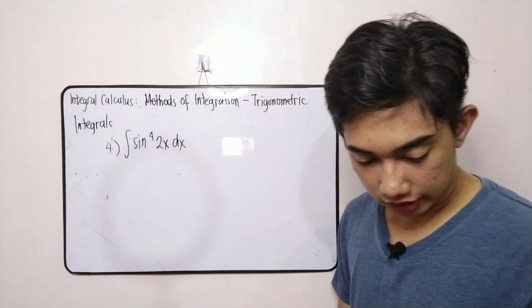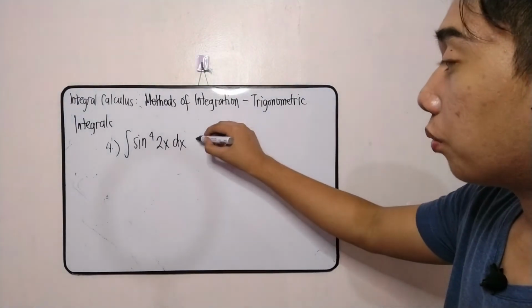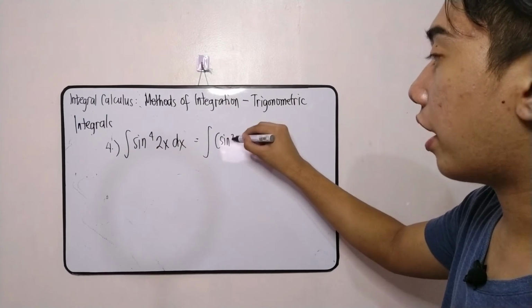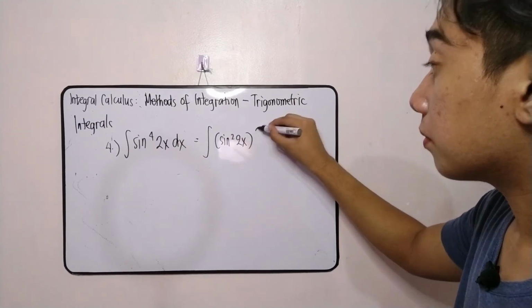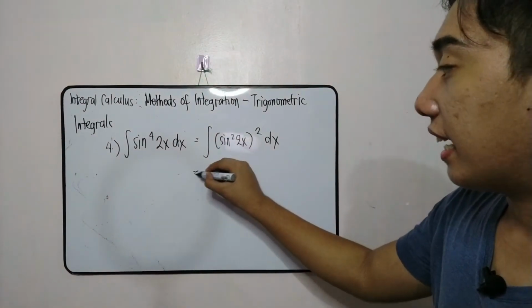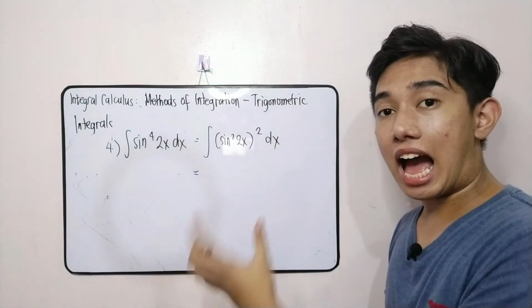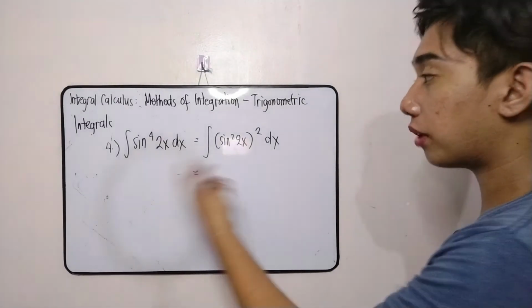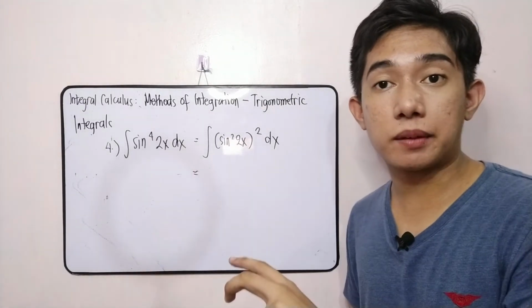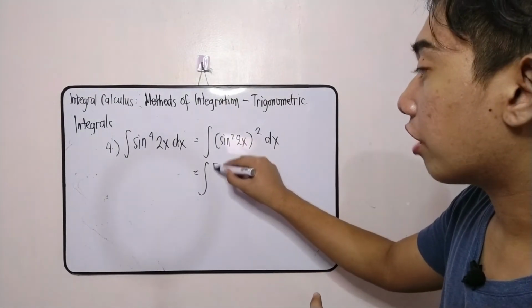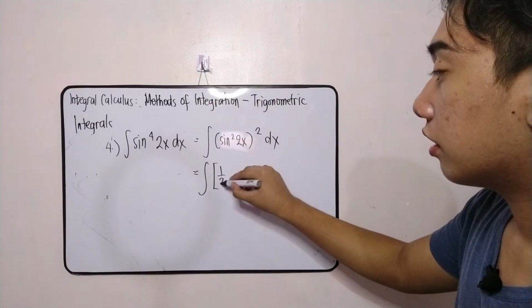So anong gagawin natin dito? We usually do this case as sine squared 2x, squared, dx. Mas madali siya, di ba? So we can now use our identity in case 2. Because kasi sine squared, wala namang odd, even na lang natira. So we can substitute our term for case 2.